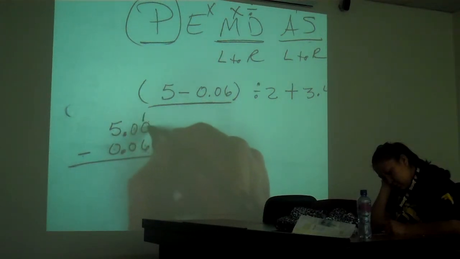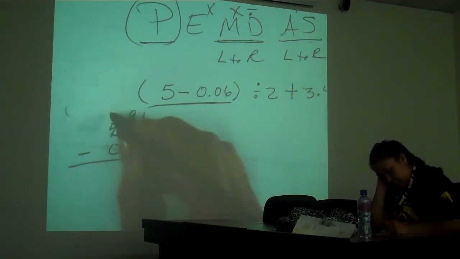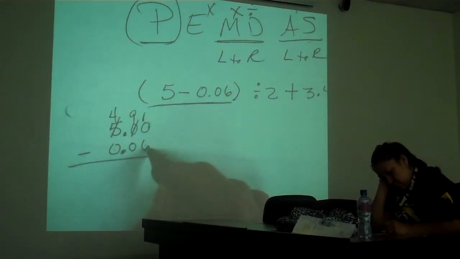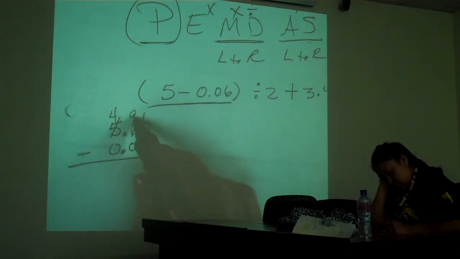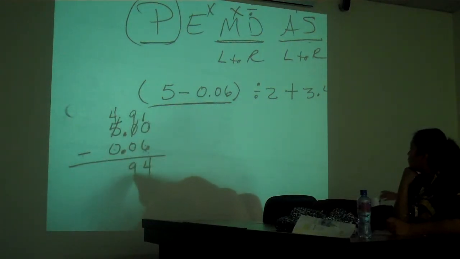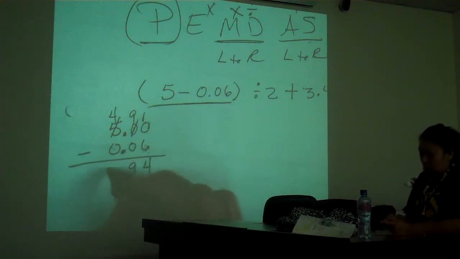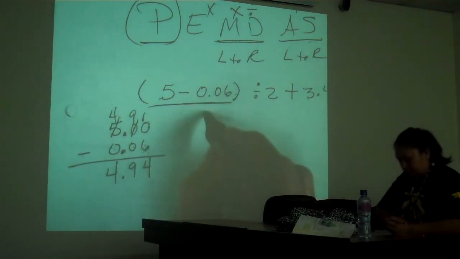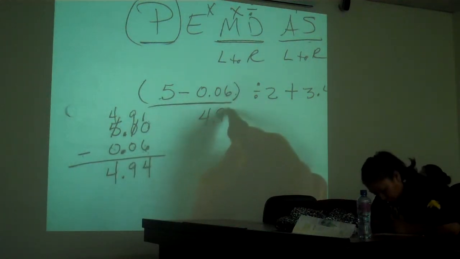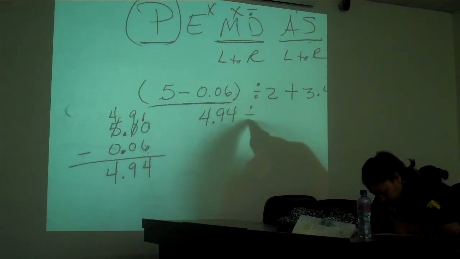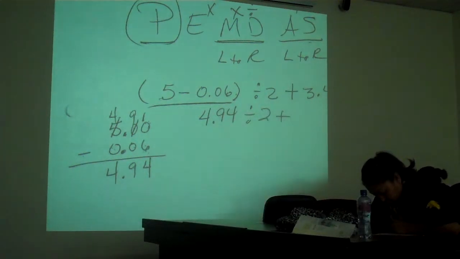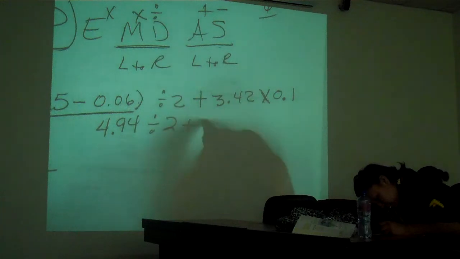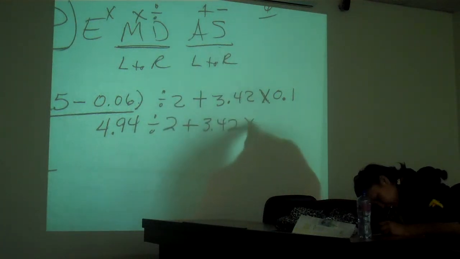So make this one 10. What does this become? 9. And this one? 4, 10 minus 6 is 4. 9, 9 minus 0 is 9. 4. So this part right here is 4.94. Rewrite the rest of it just like it was.